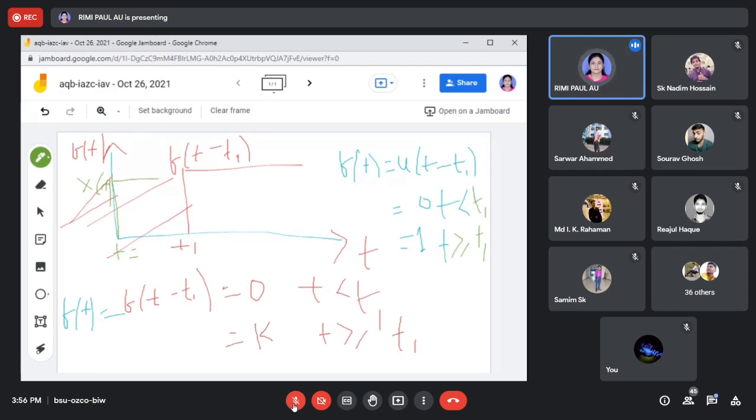So when you do the Laplace transform of these two signals, there will be a difference, you will get different output. So if you write the wrong equation, then you cannot get the proper solution.